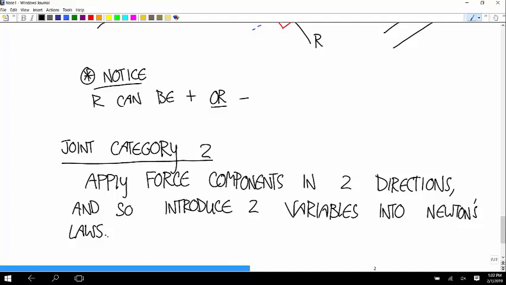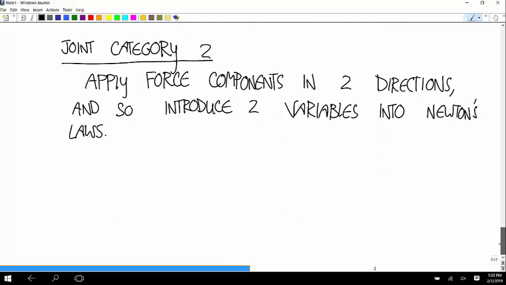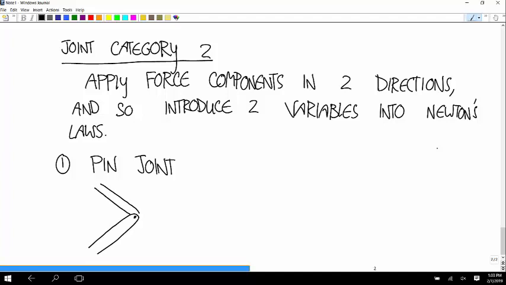And there are two of these. The first one is a pin joint. And this will look something like this.